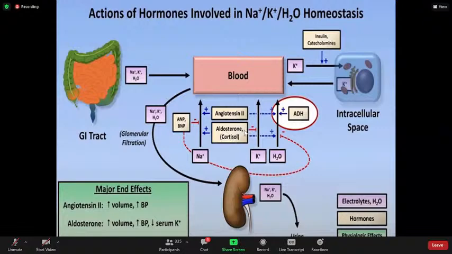However, you'll note that aldosterone promotes excretion of potassium, and ANP and BNP, as we said, will inhibit reabsorption of sodium. To note is the role of antidiuretic hormone. It only has an impact on the reabsorption of water with no direct effect on reabsorption of your sodium or potassium. So it majorly affects your water reabsorption.